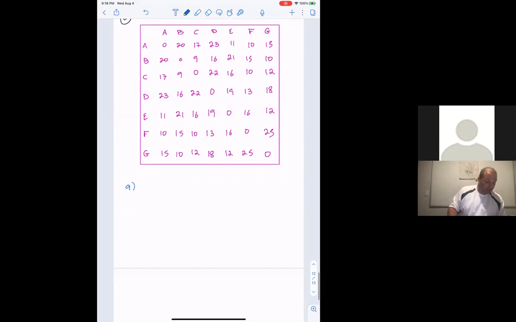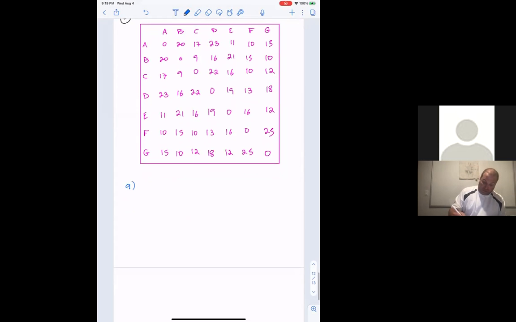So we're going to use Prim's algorithm, starting with A. So I cross out everything in A, and I picked F, which is 10. So A was first, and F is my second choice.